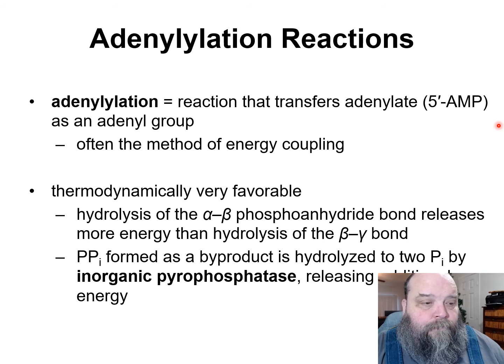AMP will then be used as an intermediary in certain reactions. It's part of certain reactions. Cyclic AMP is one of our secondary signal molecules. Adenylyl cyclase will then take AMP and make it cyclic, and you have cyclic AMP.